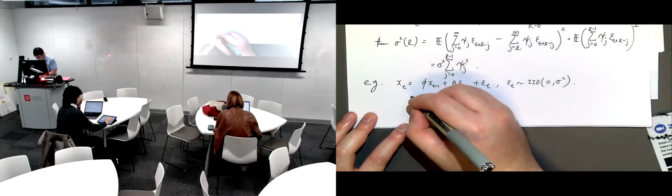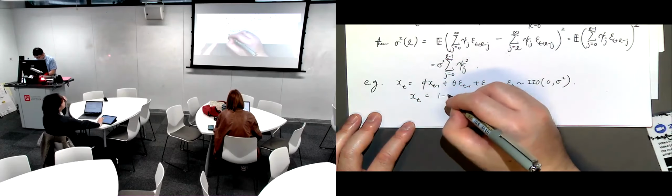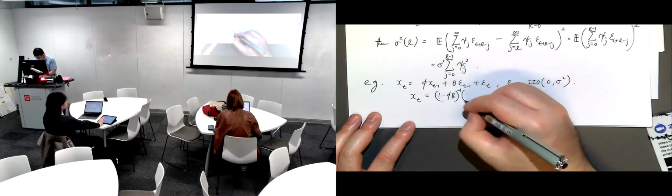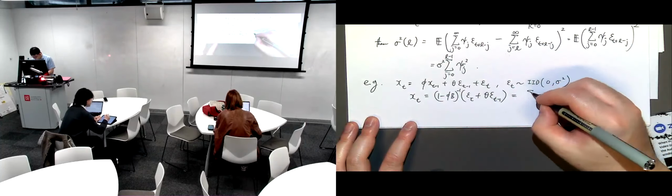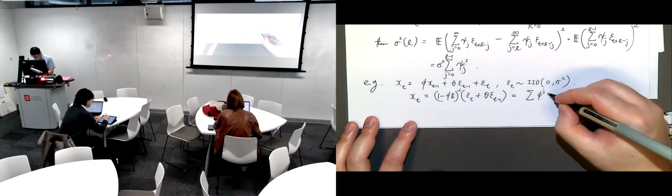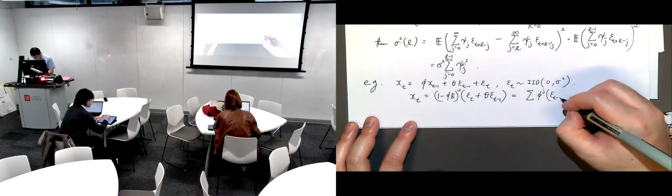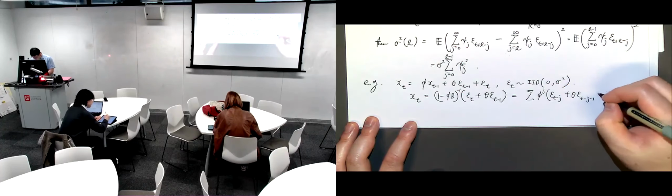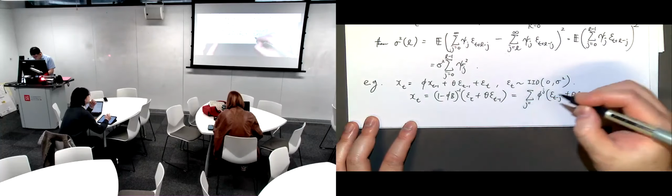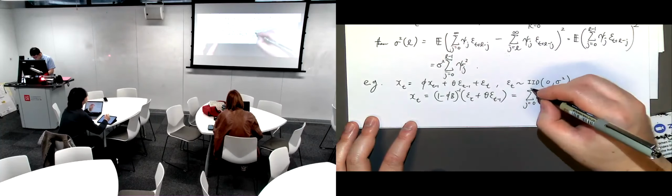So very quickly, your x_t will then be equal to (1 minus phi B) inverse applied on epsilon_t plus theta epsilon_{t-1}, which is the sum of phi to the j times epsilon_{t-j} plus theta epsilon_{t-j-1}, with j from 0 to infinity, right?